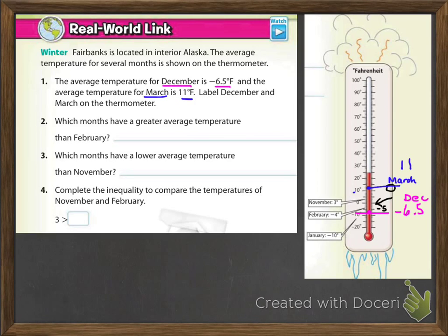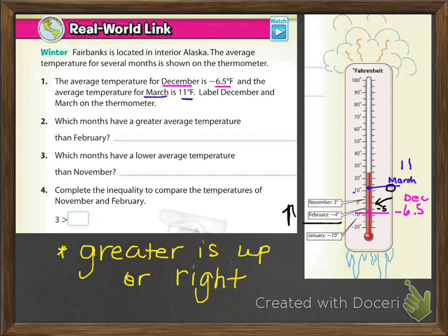The next question says, which months have a greater average temperature than February? We look to see where February is. February, as you can see from the diagram, is negative 4. They want to know which months have a greater average temperature than February, so greater is going to be in the upward direction.